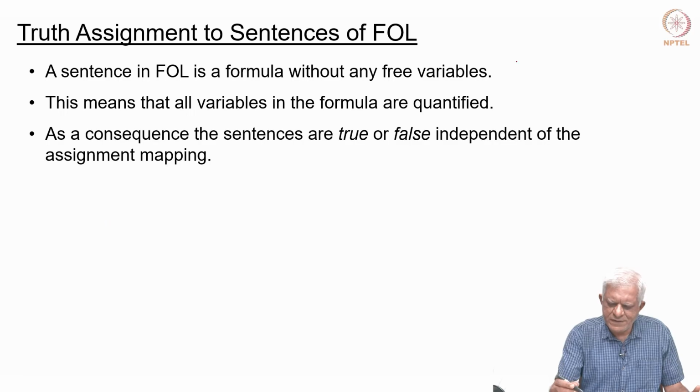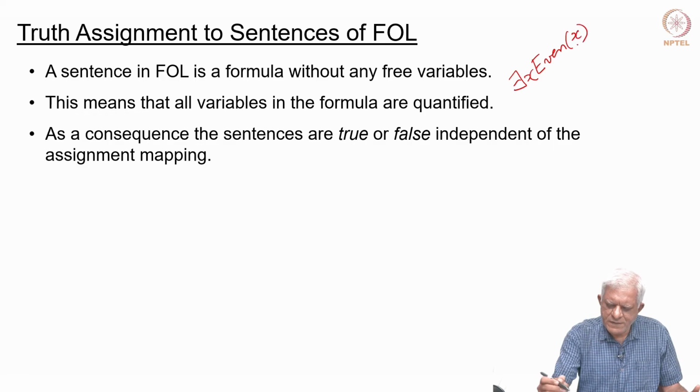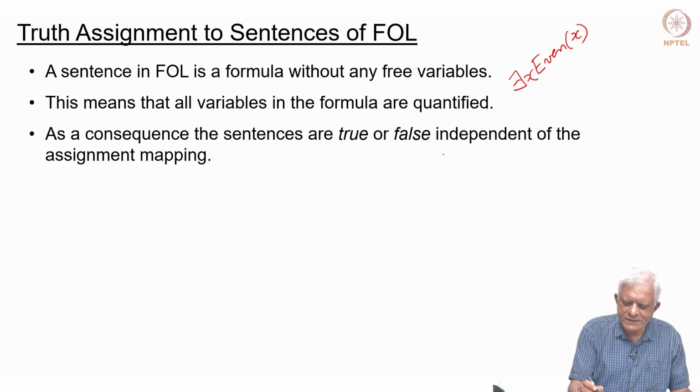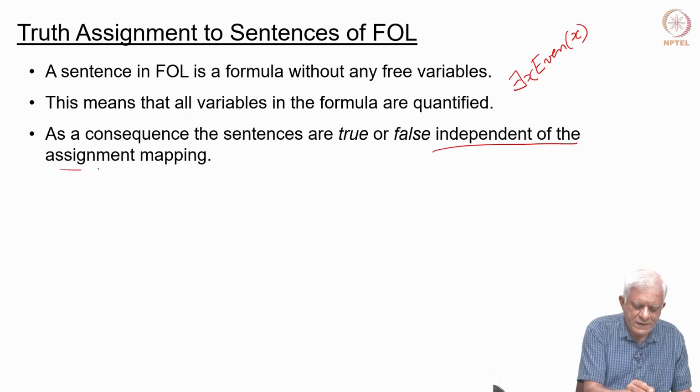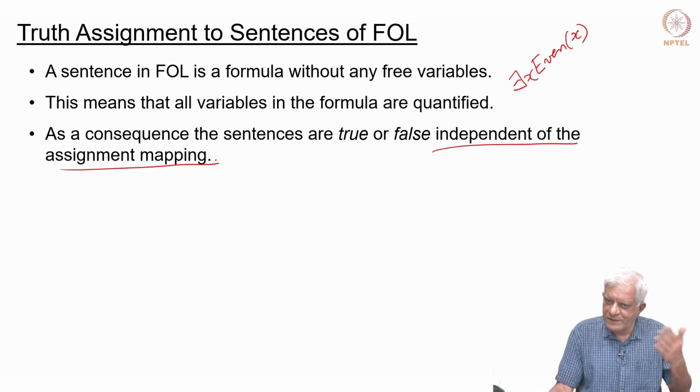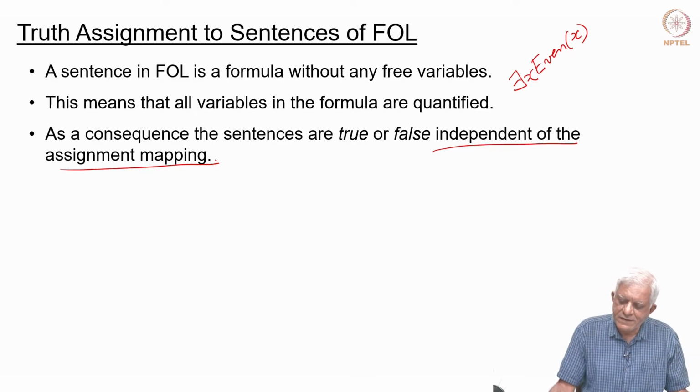So, when we said that there exists x even x, we said this formula is true for natural numbers, this formula is true if the domain is natural numbers. It does not depend on the assignment essentially, it is independent of the assignment mapping. You do not have to give me some specific assignment. This formula is true. Why is it true?